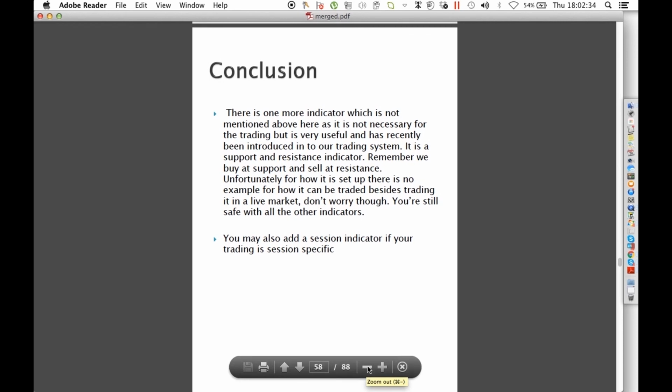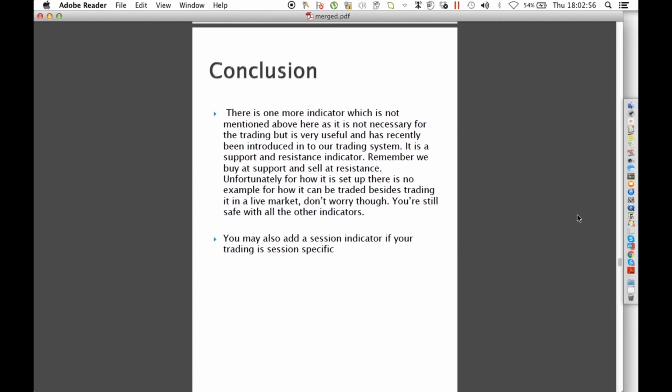All right, so let's just do the conclusion. There is one more indicator which is not mentioned above, as it is not necessary for trading, but it is very useful and has been recently introduced to our trading system. It is a support and resistance indicator.